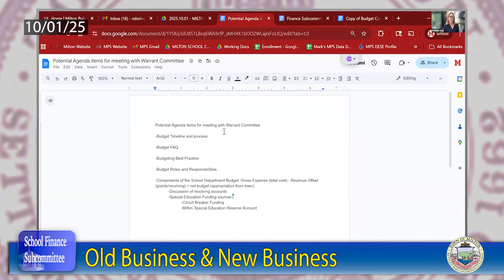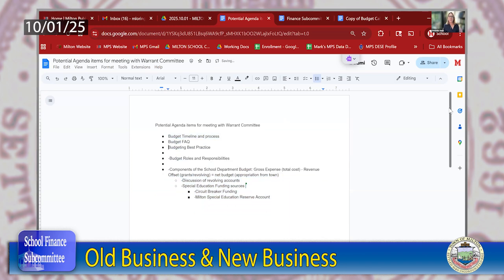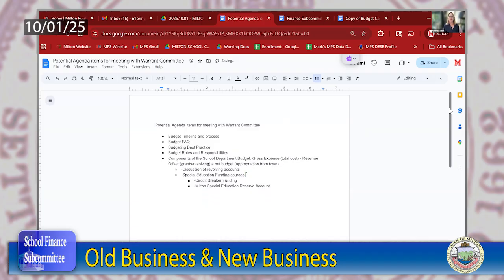I wonder, and you can all share if this sounds like too in the weeds or too inside baseball, but when Danielle came and explained at the end of last year the reasons why the special education budget can change with respect to students being referred for special education services, what are the contracted services we have? It doesn't necessarily have to be that level of detail, but that is the one area of the budget that is variable and can change depending on the number of students referred or students who enter the district, et cetera.